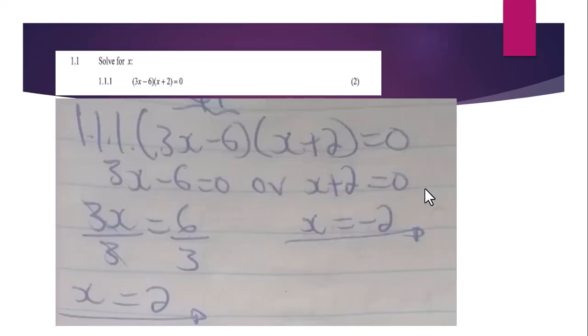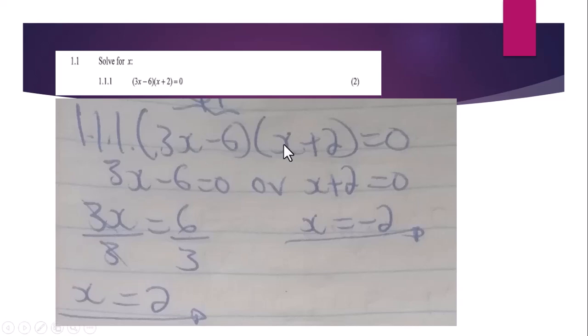All right, in question 1.1, we are confronted with this solve for x problem, and we have (3x - 6)(x + 2) = 0. So you have a product that is equal to 0, and we use the product rule.